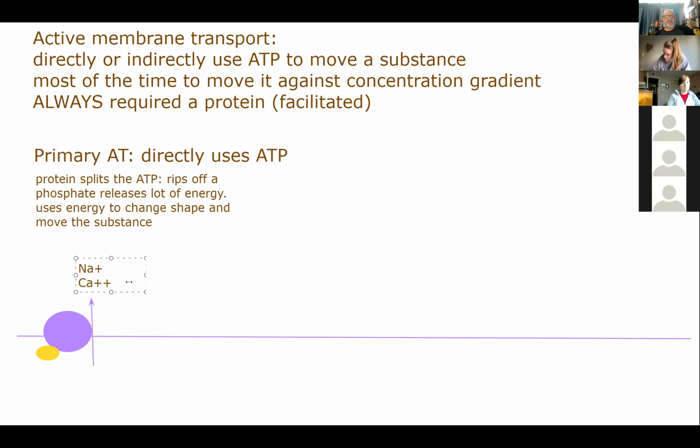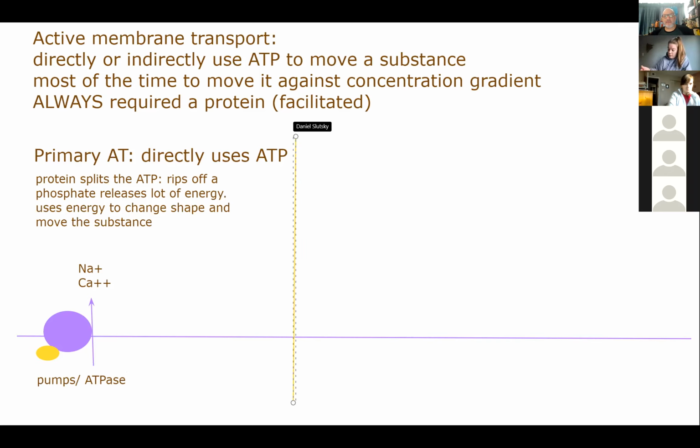You mentioned the term uniporters. You could argue these are uniporters, but the other common term besides primary active transporters is pumps. Either pumps or they're referred to as ATPases. Remember, an -ase is an enzyme that splits something. This splits the ATP and uses the energy. So these are typically referred to as pumps or ATPases.